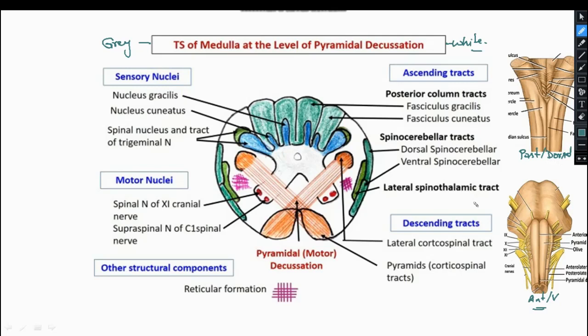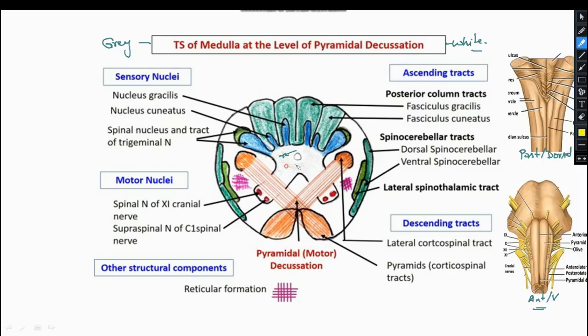Before I go into the detail of the different structures, let's get familiar with the position of these structures. First we talk about the gray matter. This region, what you see, all this region, let me draw it with this one.